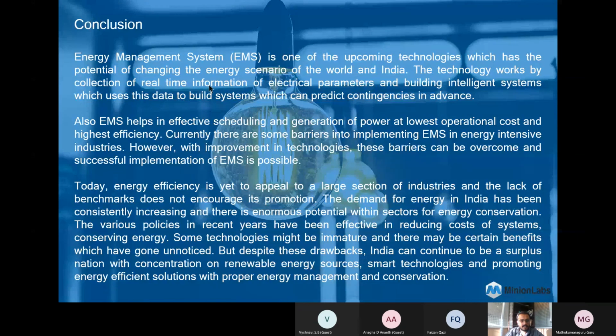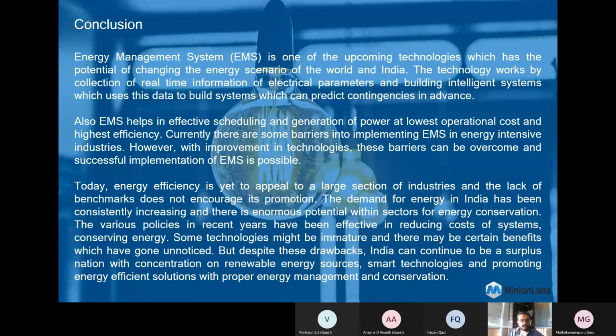So overall, the energy management system, that is EMS, is one of the upcoming technologies which has the potential of changing the energy scenario of the world and India. The technology works by collection of real-time information of electrical parameters and building intelligence systems, which use this data to predict contingencies in advance.